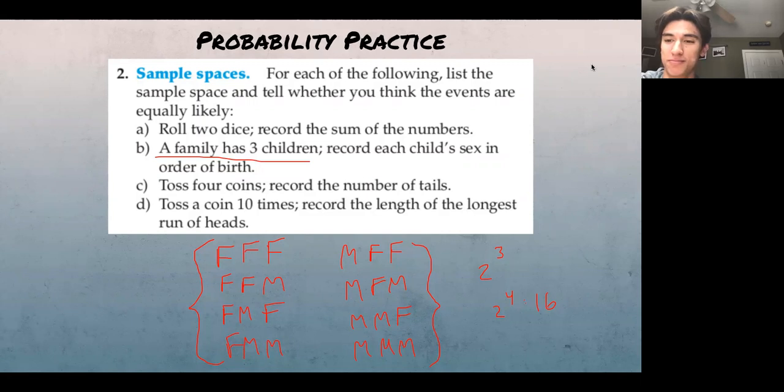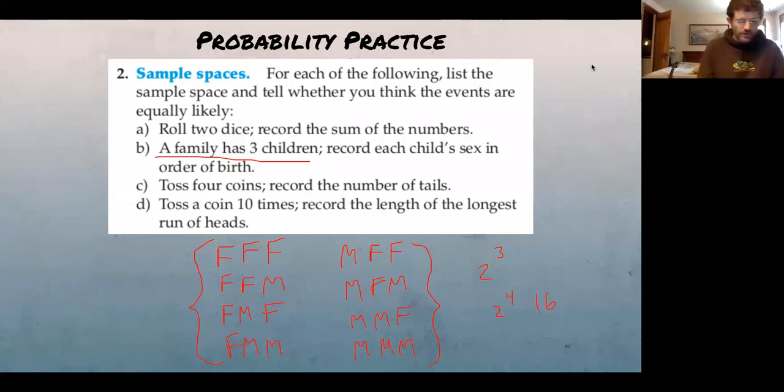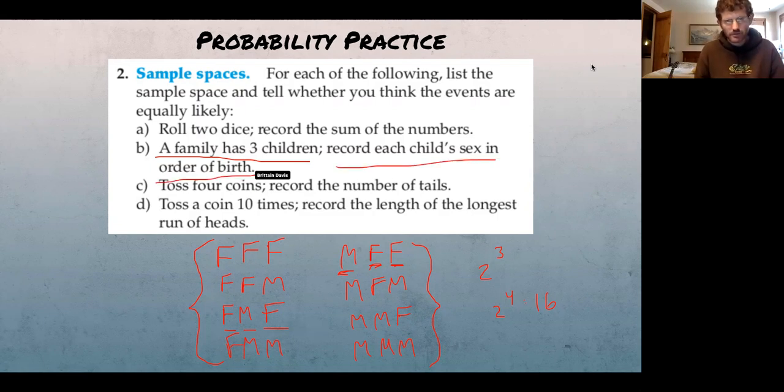Yeah. So yeah, it's equally likely. Each particular trial, each particular event has the same outcome no matter which one we're looking at. So there we go. That one's a little bit tricky just because of what they're asking. It's hard to know exactly what the outcomes look like, but hopefully it's clear in retrospect.